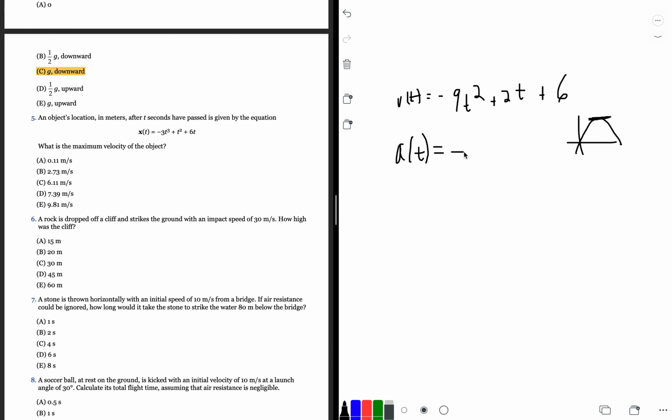So, we take the derivative of the velocity function to get the acceleration function. That's negative 18t plus 2. Set it equal to 0.